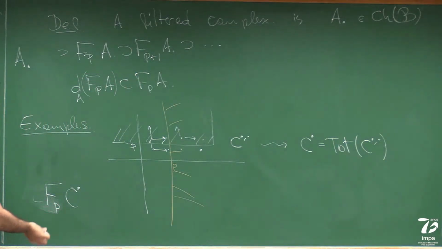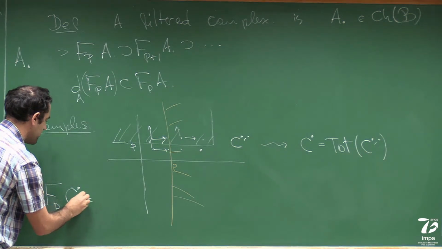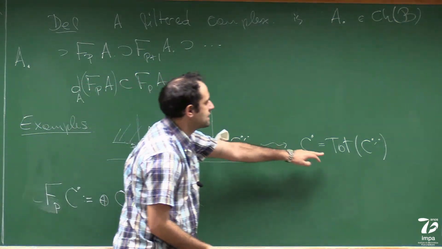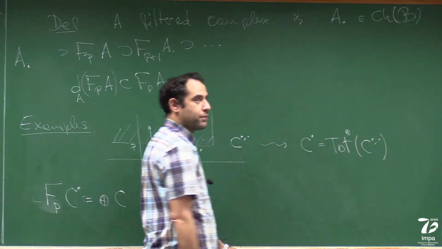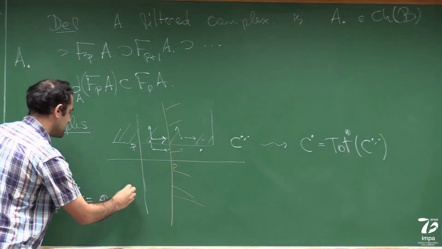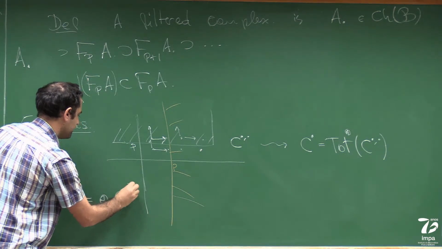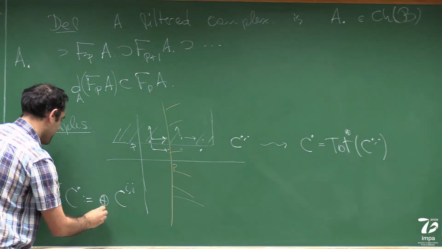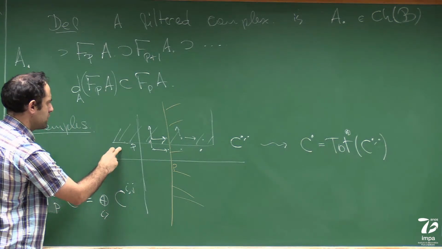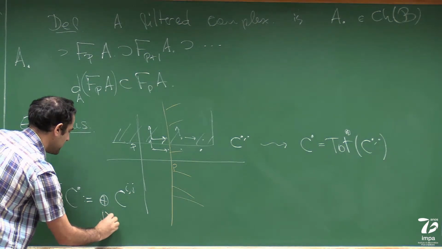Both are good filtrations. By definition this is the direct sum, or the product, depending on whether you're looking at Tot with the sum or Tot with the product. But then this is C^{ij}, where j is bigger than or equal to p.